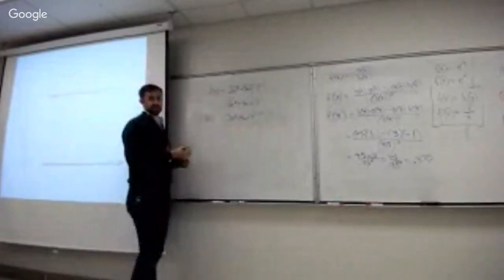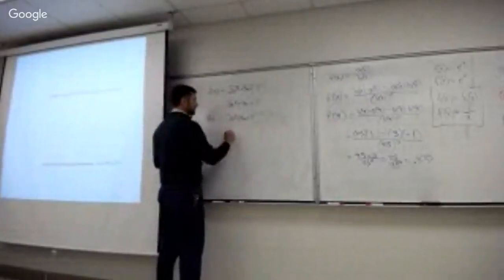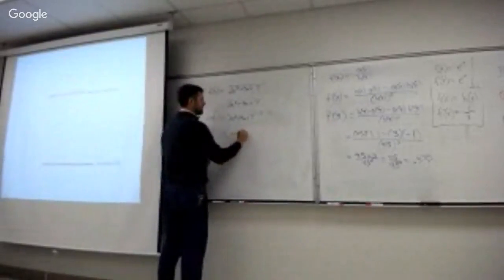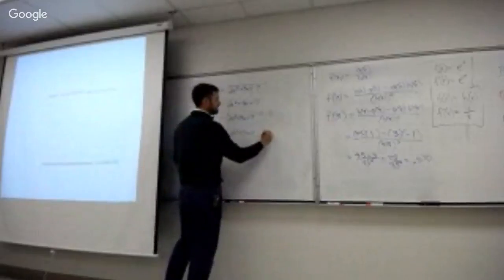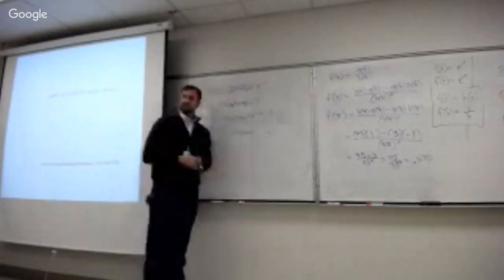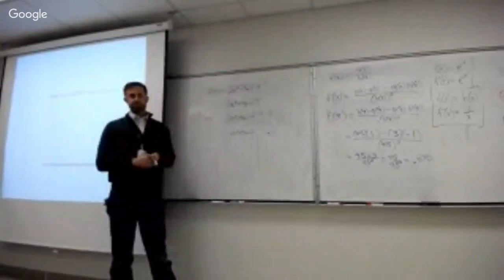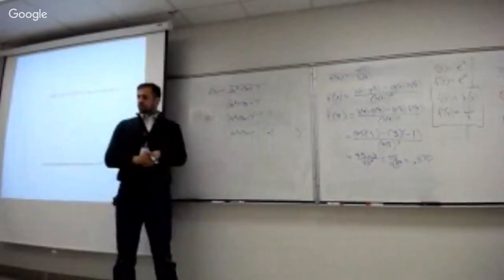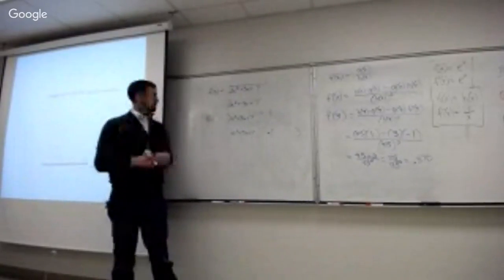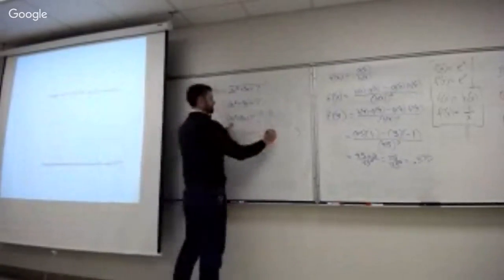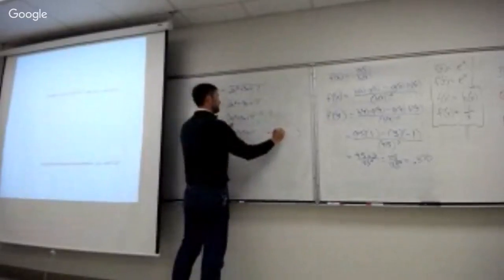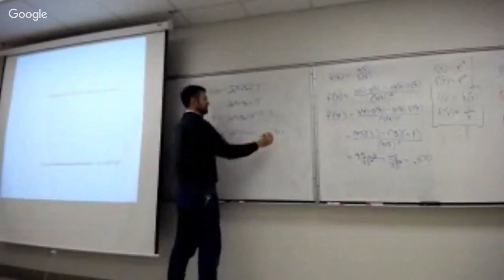And what do I do to the inside function? Leave it alone. But then I multiply by the derivative of the inside function. And Karina, what's the derivative of the inside function? 4x plus 3. Yep, 4x plus 3.